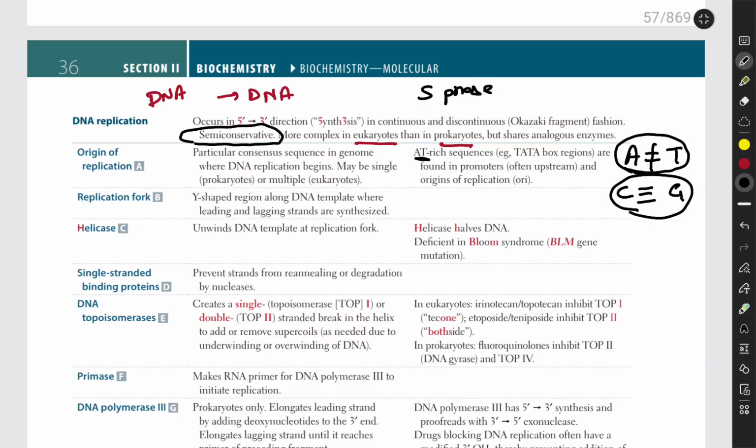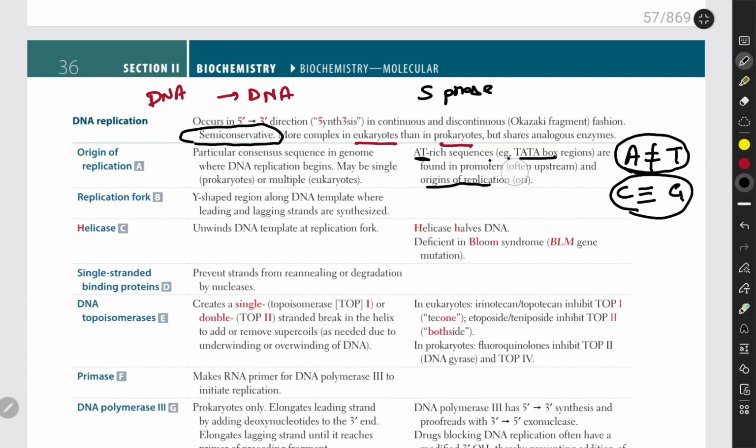The origin of DNA replication is essentially at the AT-rich sequences, also known as the TATA box regions, and these are found in promoters, often upstream of the origin of replication. You need to remember that promoters can be located anywhere, but these origins of replication, these TATA boxes, are often located upstream.